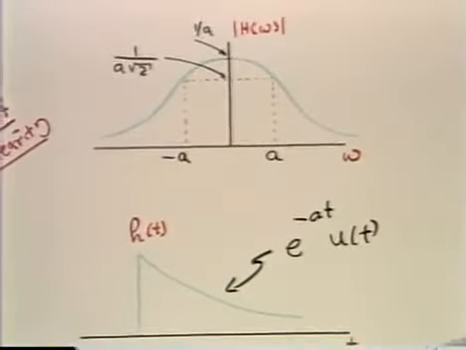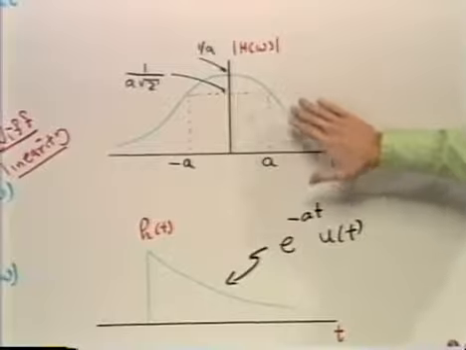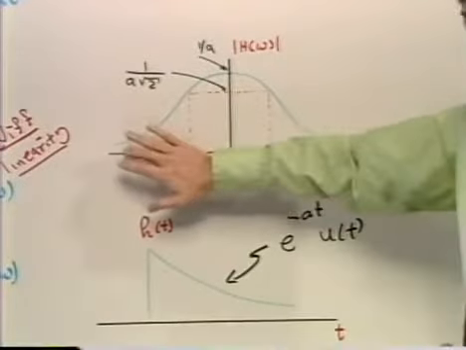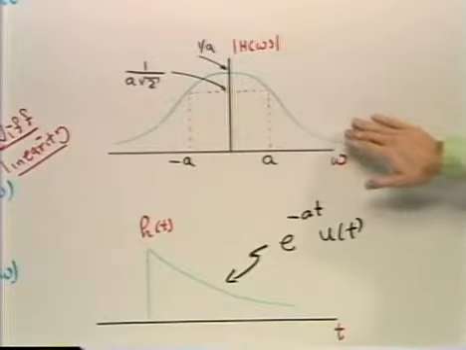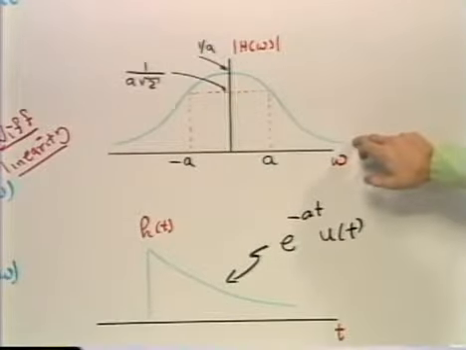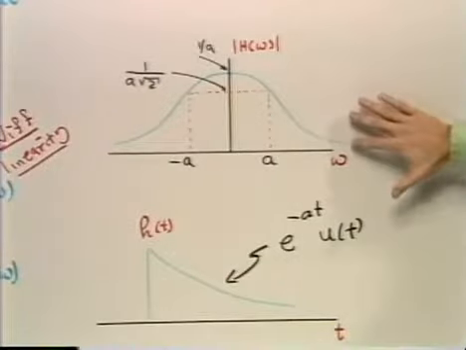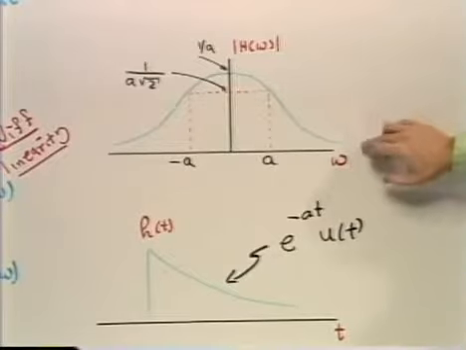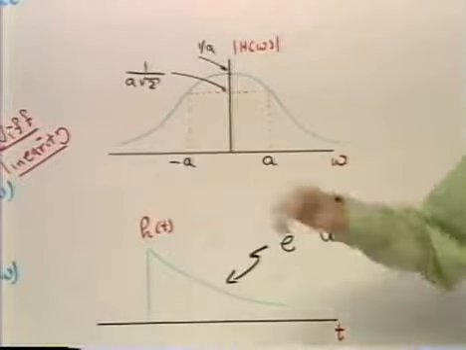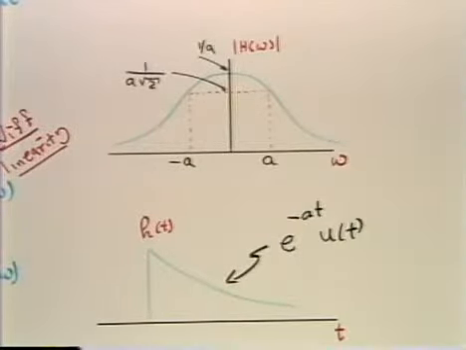Now, let's go back up and look at the magnitude of the frequency response. And given just a little bit of discussion that we had previously about filtering, you should be able to infer something about the filtering characteristics of this simple first-order differential equation.